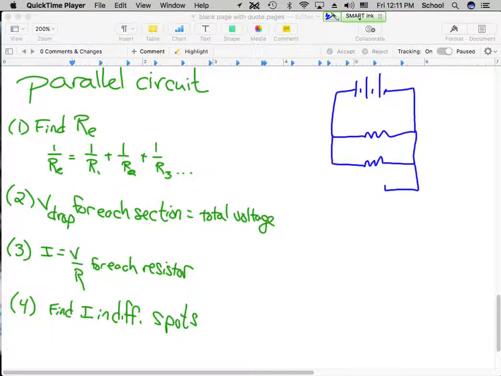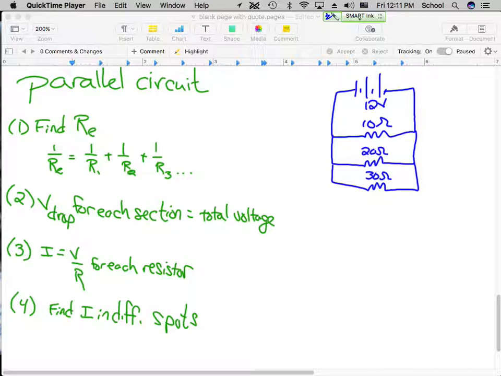So we again are going to have the exact same 3 resistors. We had a 10 ohm resistor, a 20 ohm resistor, a 30 ohm resistor, and a battery that was 12 volts. So we can do the same thing here.